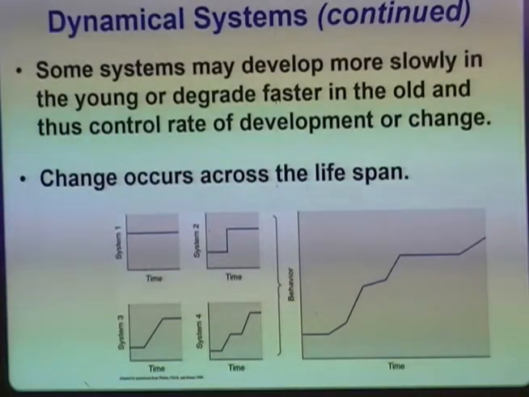Does that make sense? Okay. So rate limiters are individual constraints. Okay. And it's either the system that develops last during the growth phase, or the system that declines to the critical point the first. Right?